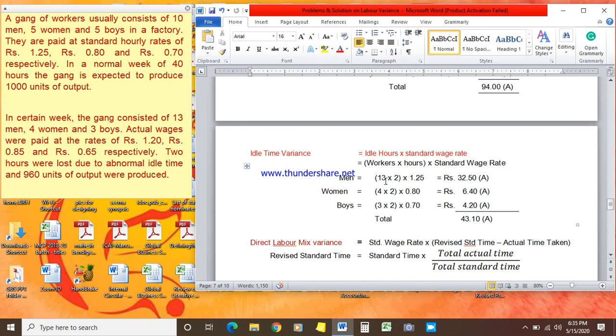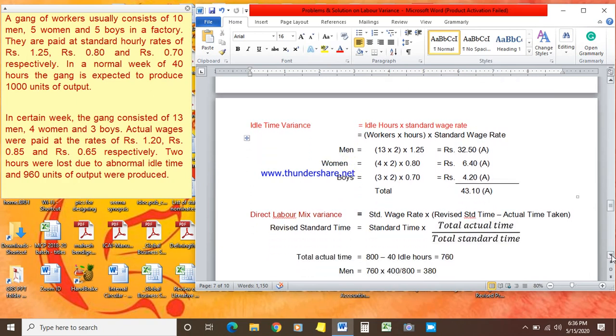Idle time variance for men is the number of workers, that is 13 men, times 2 hours multiplied with the standard wage rate. Idle time variance will always be adverse because it's a loss of time. Accordingly, 43 rupees 10 paisa is the idle time variance on account of 2 hours of abnormal time, that is a wastage.